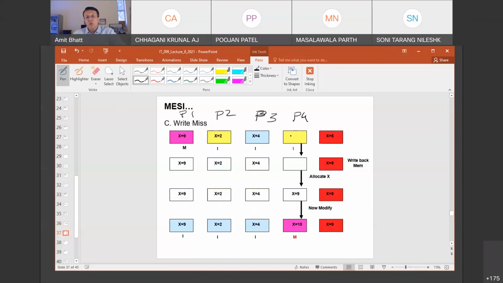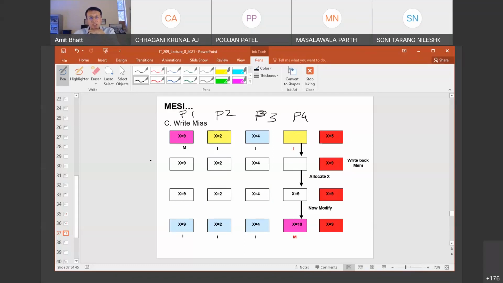Now P4 wants to write into a particular block, but that block is not in its cache. That's why it is a write miss. It would look around and talk to main memory, and let's say we have a write allocate policy. It says, no, sorry, you can't take this block because this block is not current.